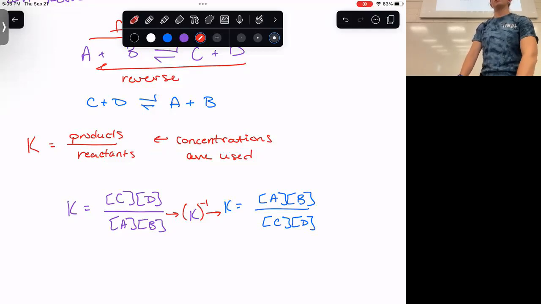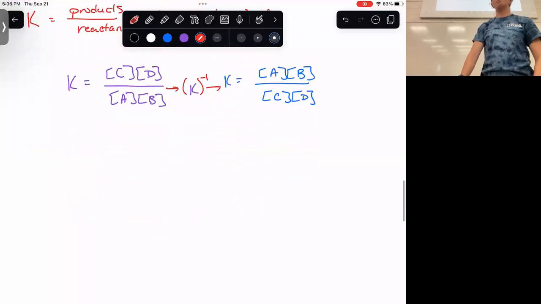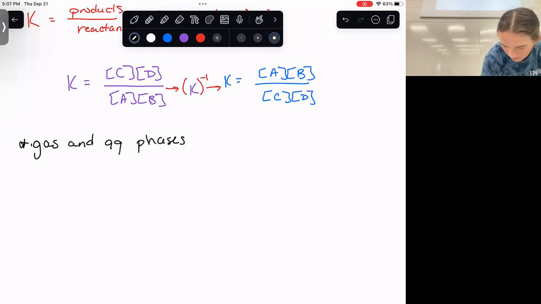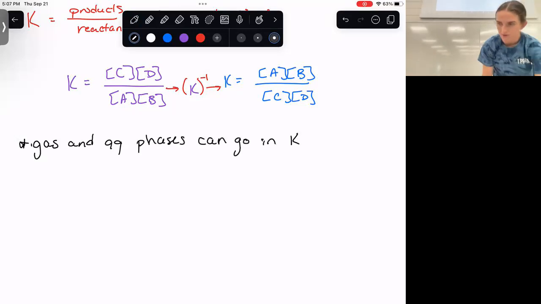Okay, what goes into K? What types of things can go into K in terms of its state? Yeah. Good. So gas and aqueous phases can go in K. What cannot go into K?